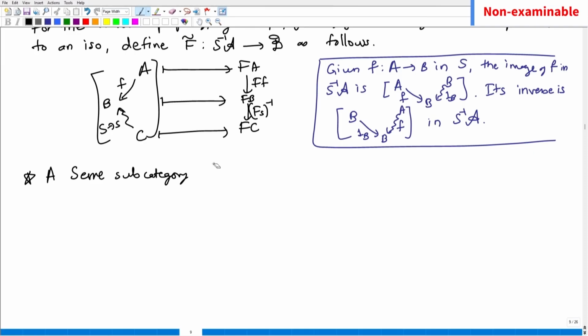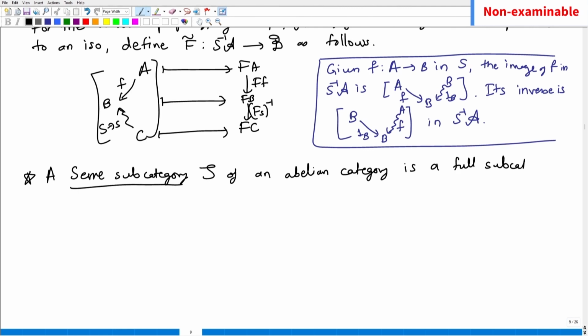Yeah, so a Serre subcategory, I am going to use this curly S, of an abelian category is a full subcategory whose objects satisfy the following property.